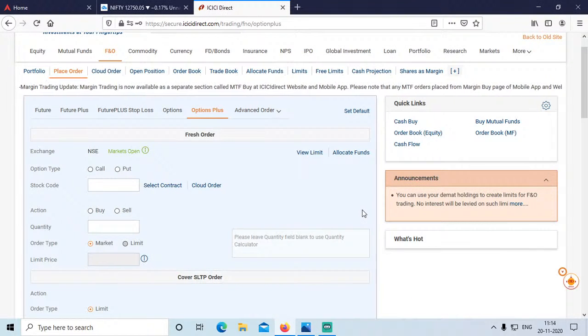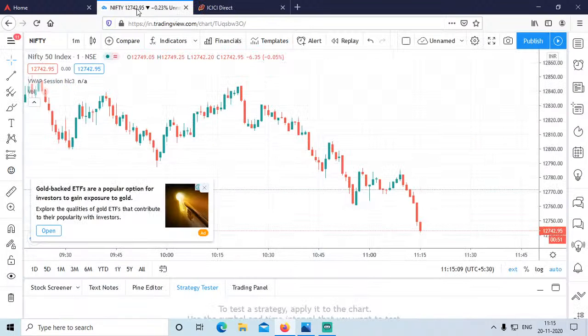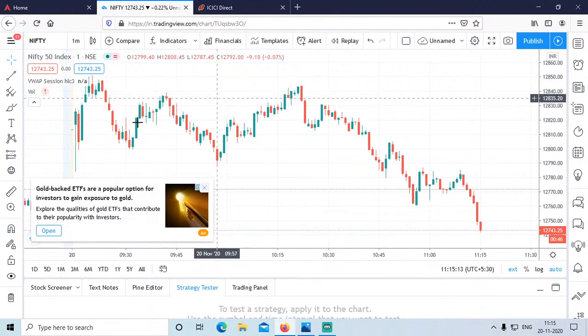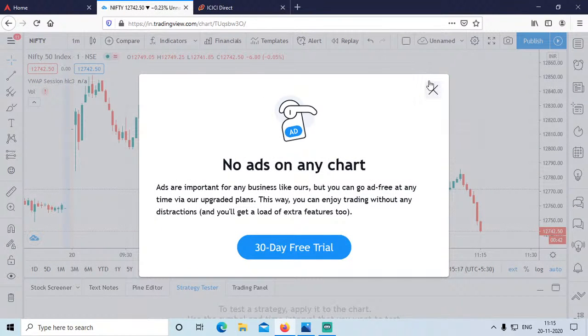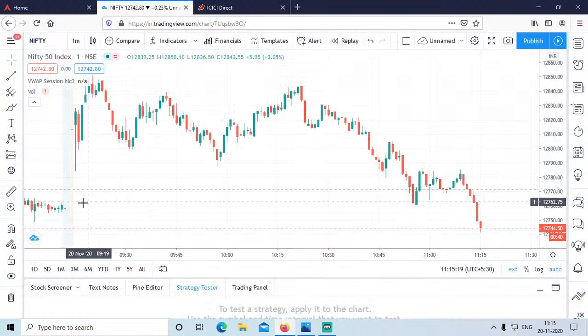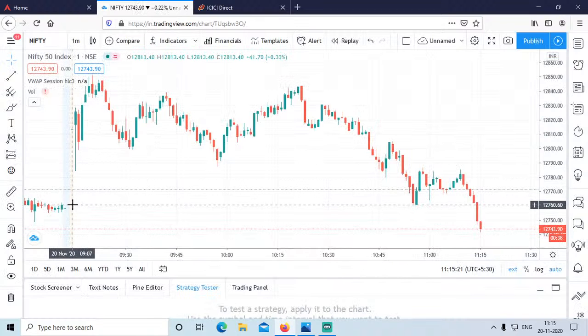Okay, I have logged into ICICI, and before that just look at this Nifty is trading around 12,743. It started with a little positive note in the morning, with a gap up, but after the gap up it just went down even below, which means it's a sharp negative.